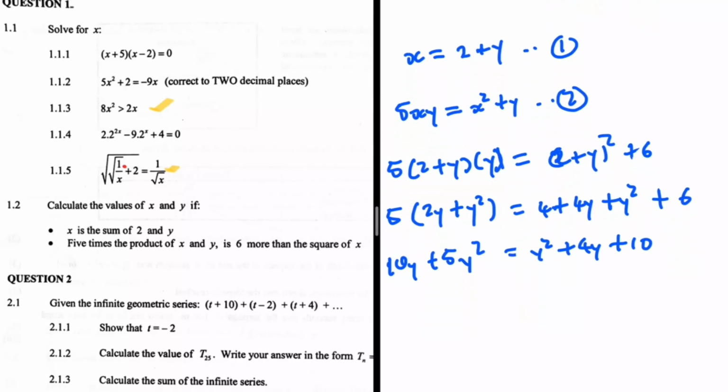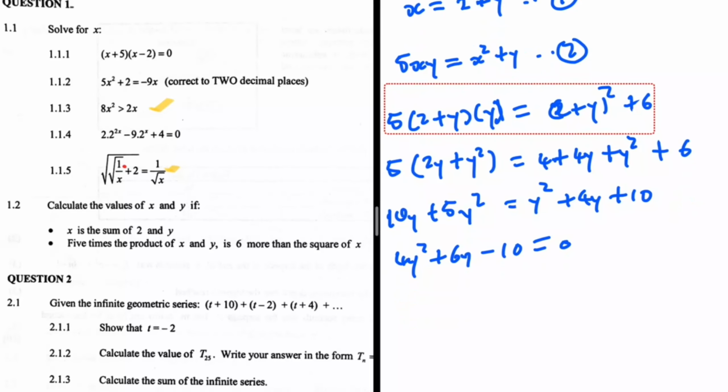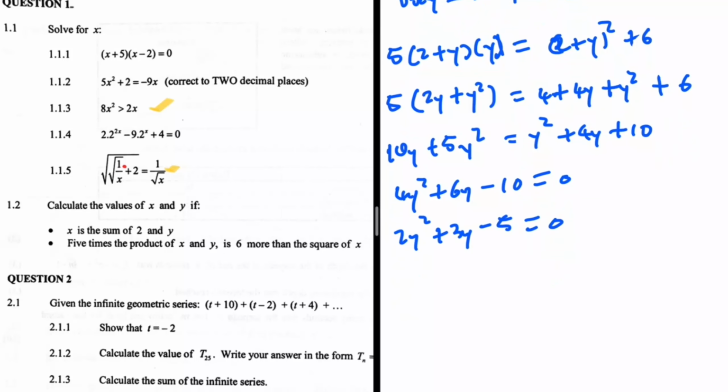So 5y squared minus y squared, that is 4y squared. And then 10y, we have 4y here. 10y minus 4y, that is plus 6y. And then minus 10, that is equal to 0. We can divide everything by 2, that is 2y squared plus 3y minus 5 being equal to 0.